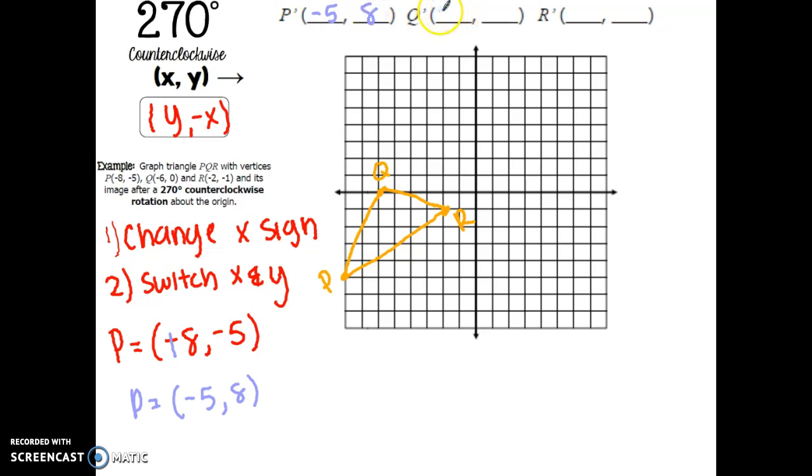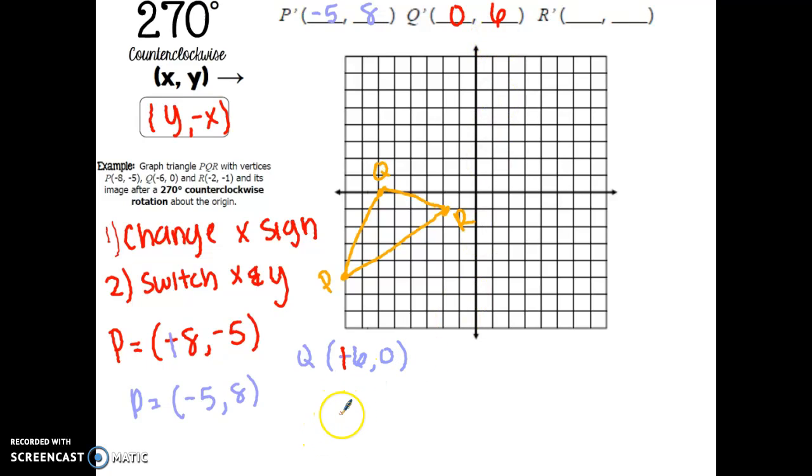For Q, we had (-6, 0). The first thing I'm going to do is change the sign of my x. That's going to become a positive, and then I will be flipping them. So Q prime is going to be (0, 6).